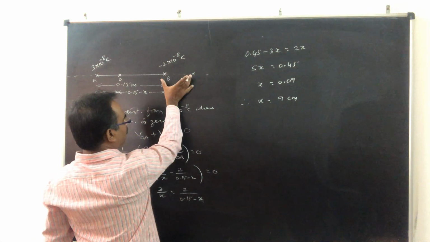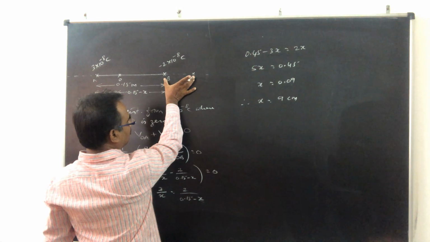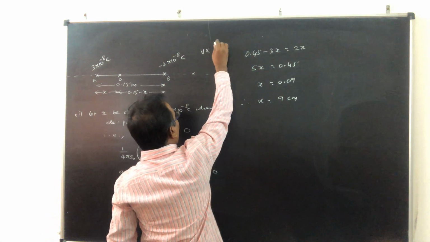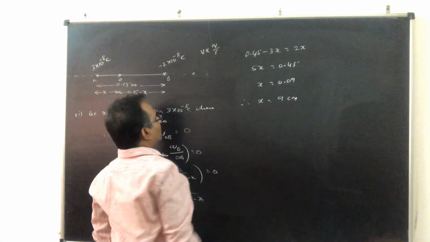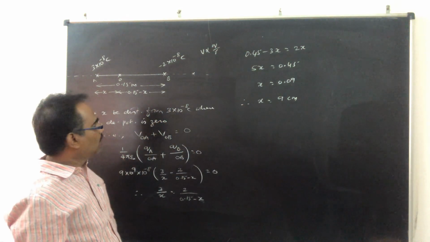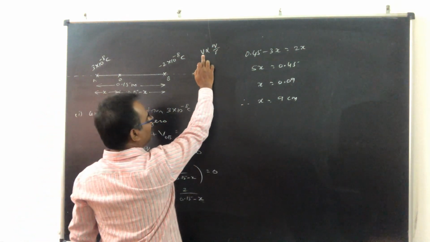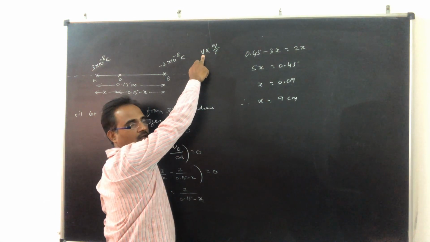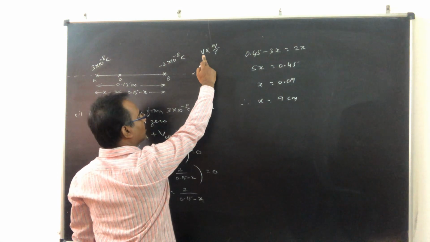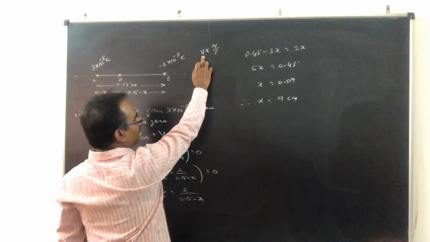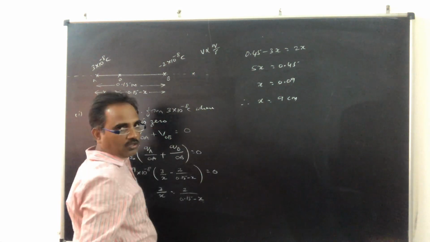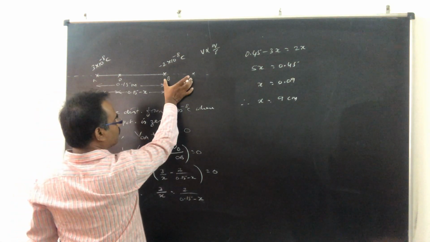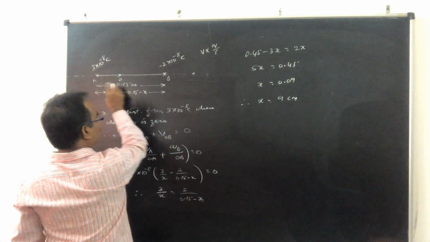So this charge is smaller, distance is smaller, because V is proportional to Q divided by R. So if V is to be 0, V must be constant, so Q should be proportional to R. That means for a smaller charge there will be a smaller distance, and for a larger charge there must be a larger distance.